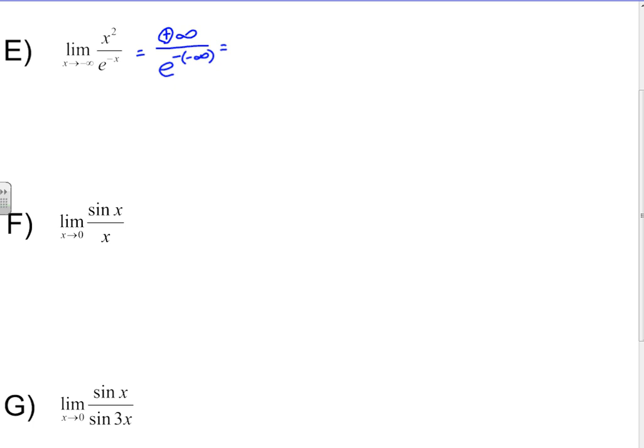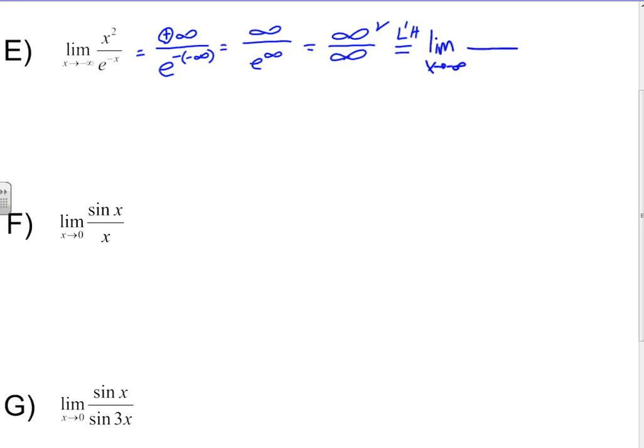Well, this will turn out to be e to the positive infinity, but that too is going to just create us a very large number, so we get infinity over infinity. So evaluating that to determine if we can use L'Hopital was interesting. L'Hopital, okay, so the limit as x heads to negative infinity.